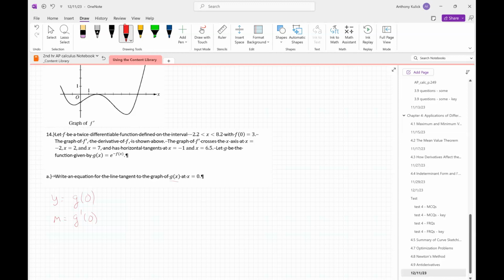Because g of 0 is going to give me my y coordinate, and g prime of 0 is going to give me the slope. So there's my y coordinate.